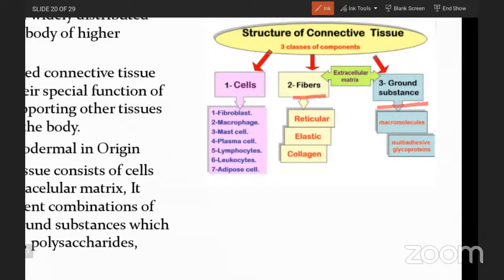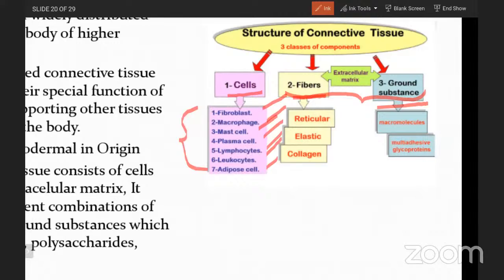So these are the cells, and these are the extracellular matrix particles, like fibers and ground substances. Regarding cells, there are fibroblasts, macrophages, mast cells, plasma cells, lymphocytes, leukocytes, and adipose cells. All these are the types of cells present in the connective tissue.